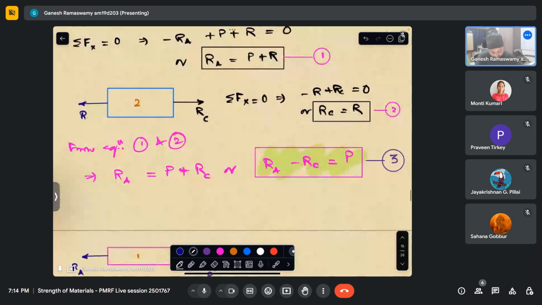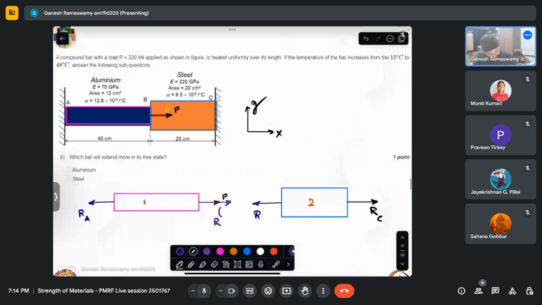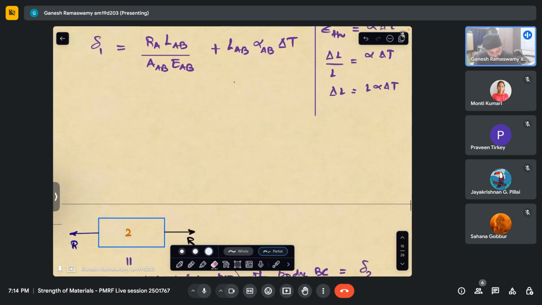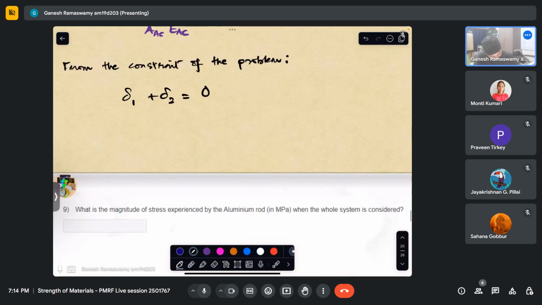Because this could have expanded freely like that, this could have expanded further freely like that, but both are restricted because of this support condition. So these two essentially add up to 0. So this is the constraint equation for this problem.